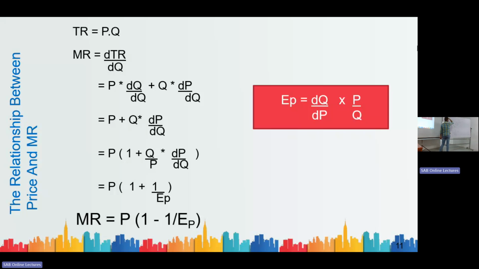Substitute 1 in this expression and get the value of MR, and let's assume the price here is 20. Since this is the midpoint, it's 10. You don't have to worry about the quantity.